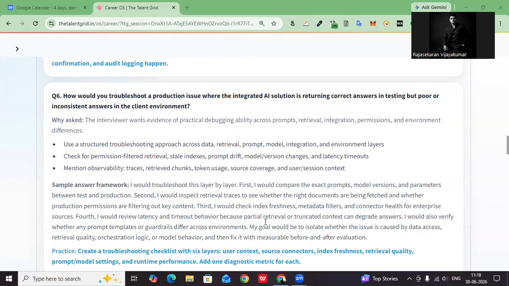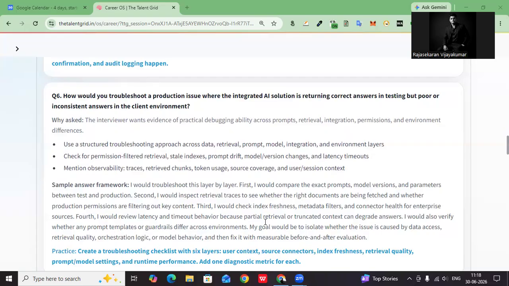I will compare these versions first. If there is no difference in the deployment versions, then I will start diagnosing each phase of the entire pipeline.